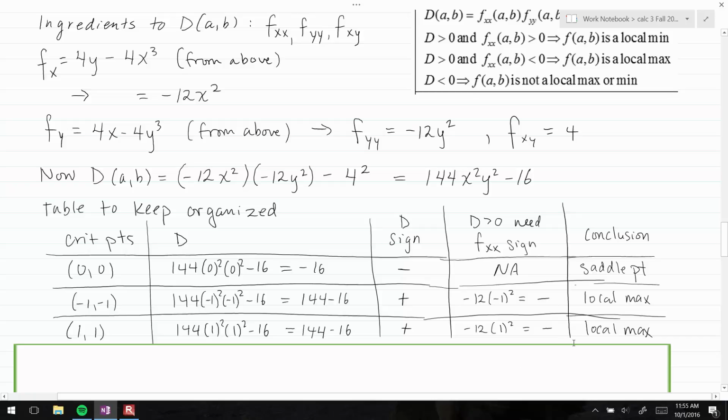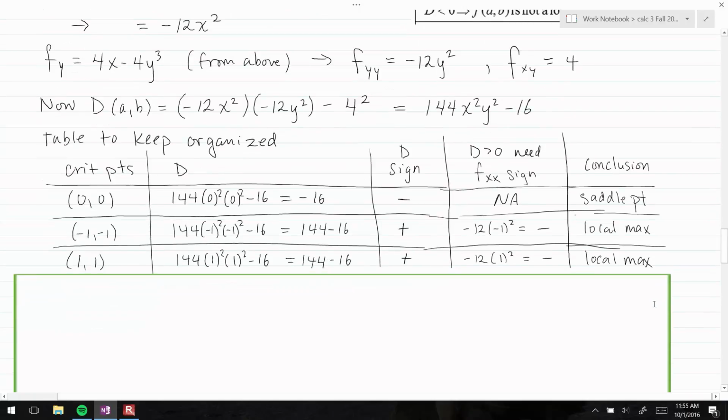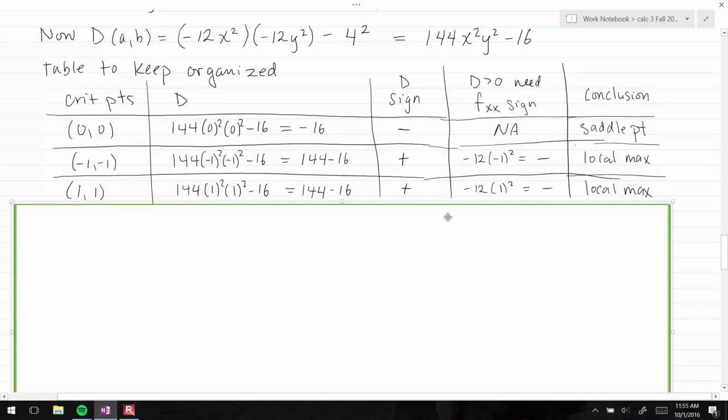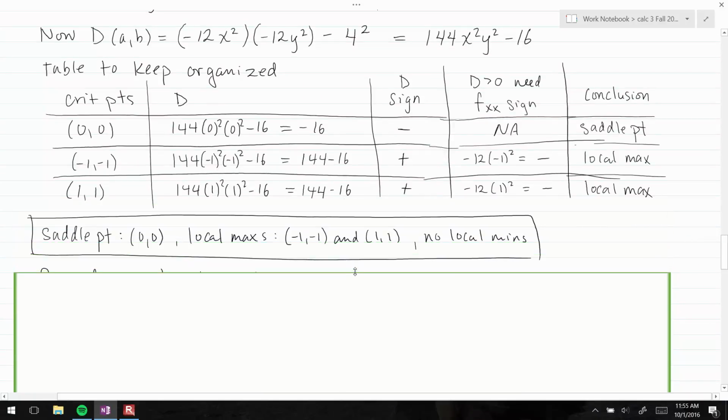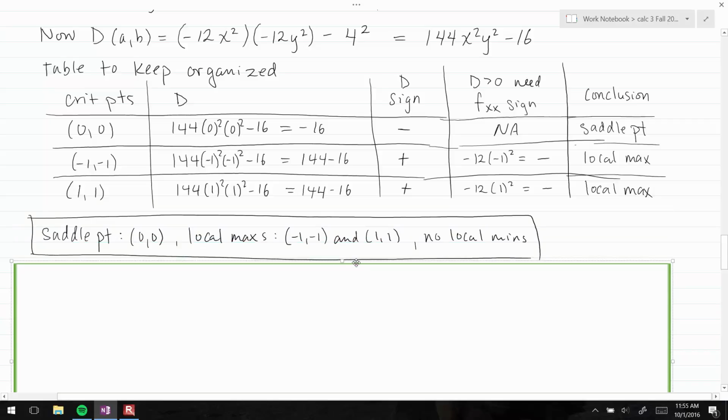So it's negative in both cases, which means that they're both local maxes. And then you're finally done. And these are long problems, just like they were in Calc 1. I restated the answer down here, just to be clear. However, if you have a table set up this way and it's nicely labeled, then that's good enough.